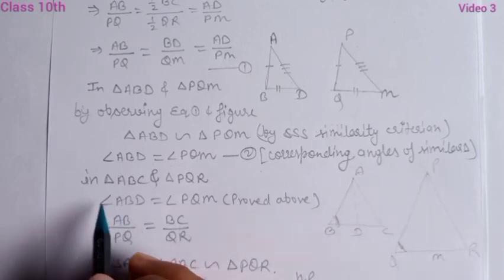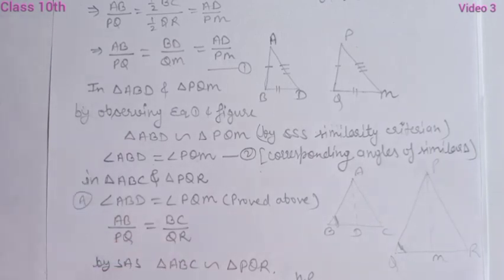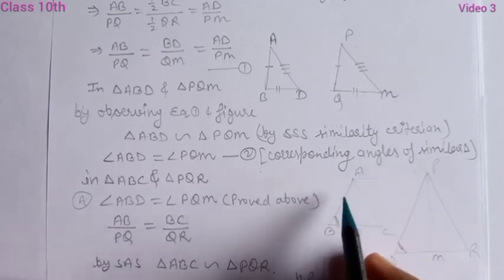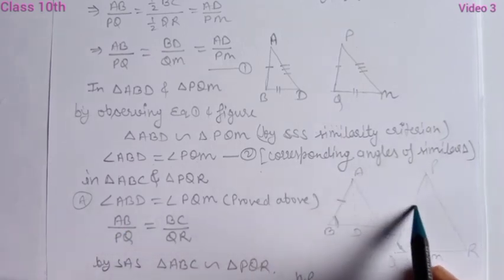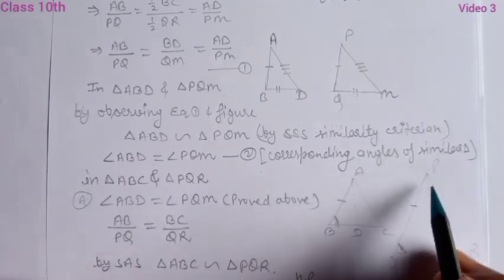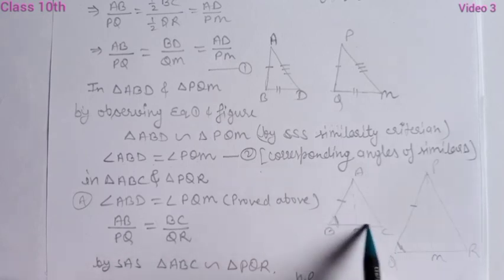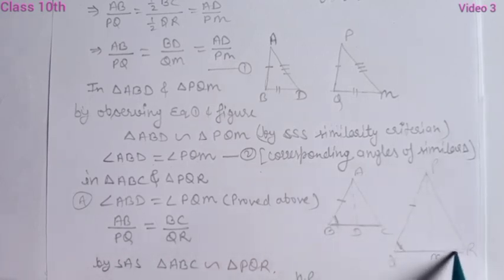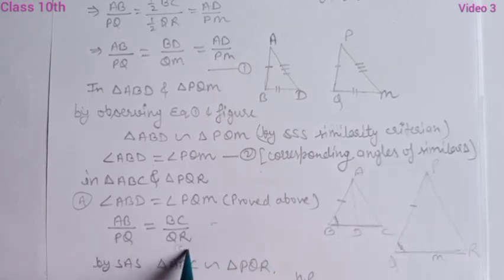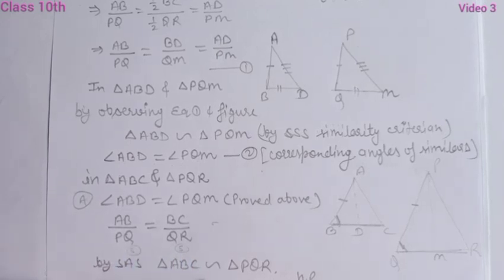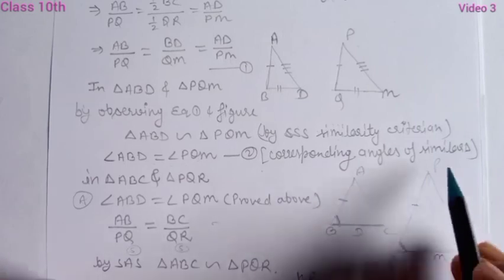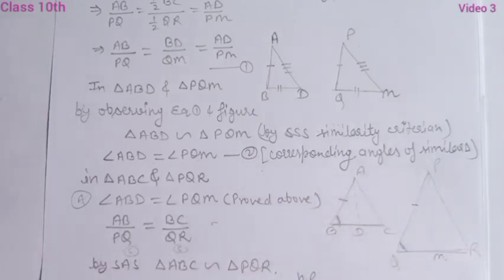So first, we observe one angle is equal in both triangles. Another, from the given thing, the ratio AB upon PQ is equal to BC upon QR, the whole side. So student, by the SAS similarity criterion, triangle ABC is similar to triangle PQR.